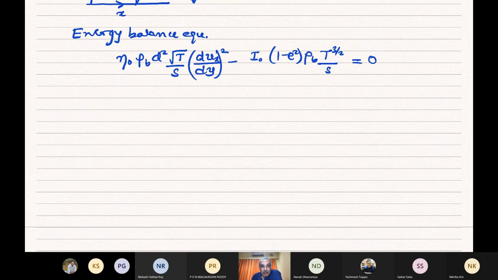And if we rearrange this, then you will see that this square root of temperature cancels with that to give you just temperature. And then if you take everything on the other side, what is nice is that first of all, of course, rho b cancels out, s cancels out, and t cancels out from here. So you just get one t over there.